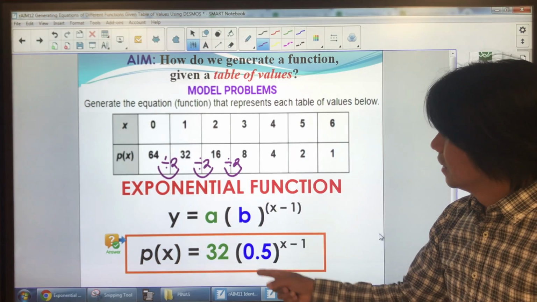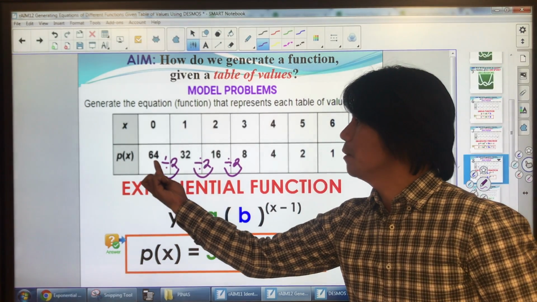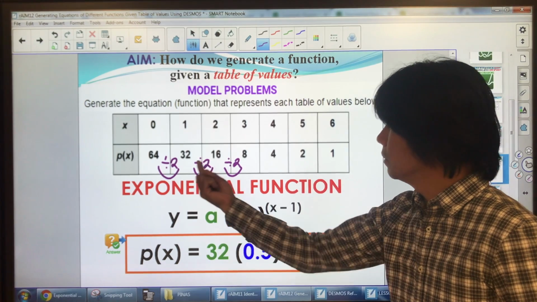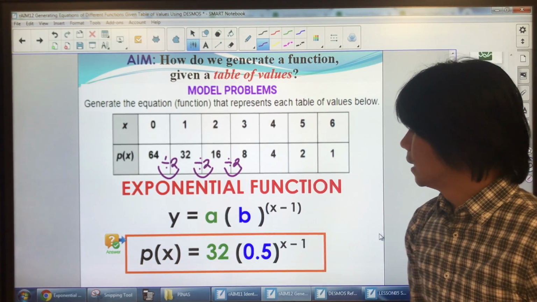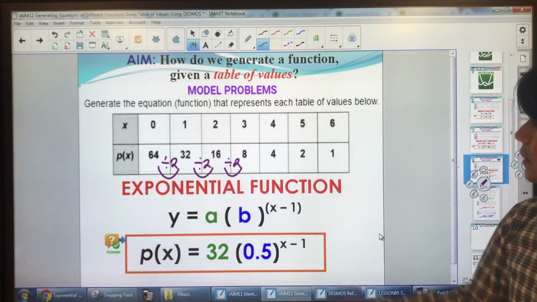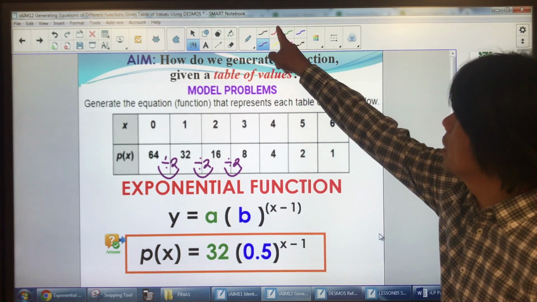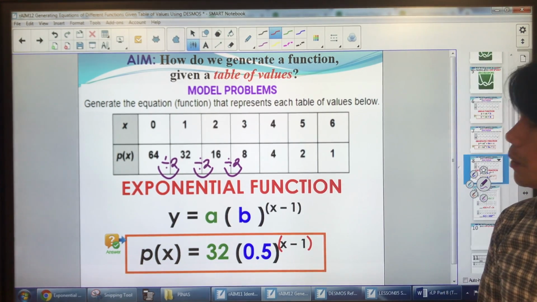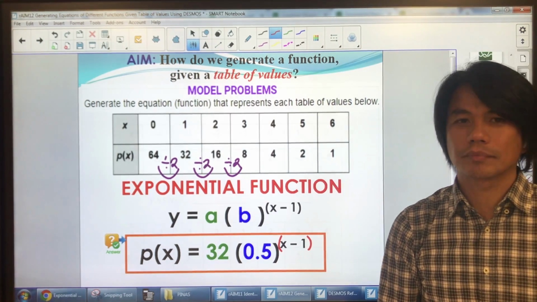Half. If you get half of 64 or multiply this by 0.5, you will get 32. Got it? And that's the equation. If you want, you can put parentheses around the exponent x minus 1.